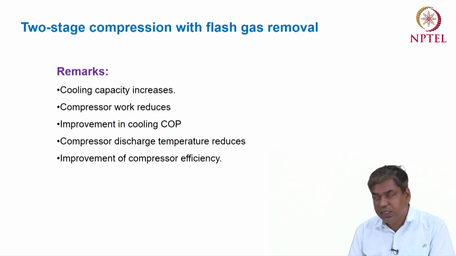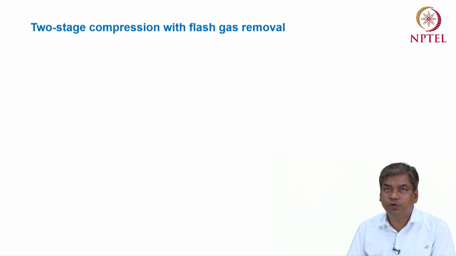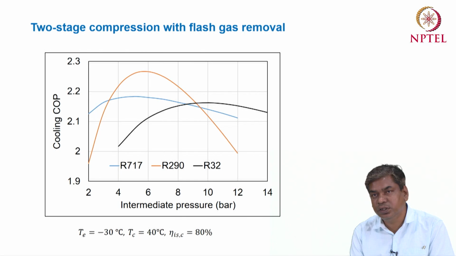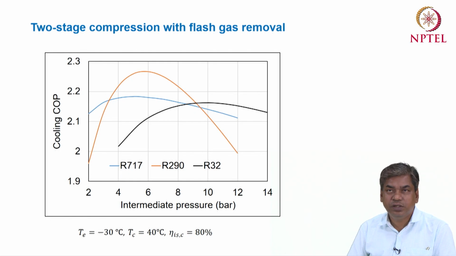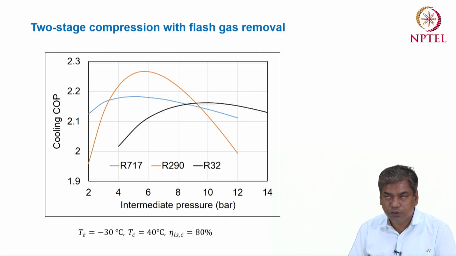So these are the various advantages we can get by using the two stage compression with flash gas removal. Ultimately, as I have already told, if we use the two stage compression with flash gas removal, your cooling capacity will improve.